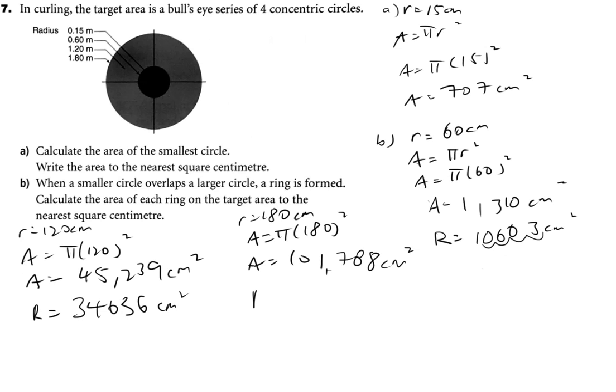And then in order to find R, you're going to subtract this and this. So your final answer for this one is going to be 67,151 centimeters squared.